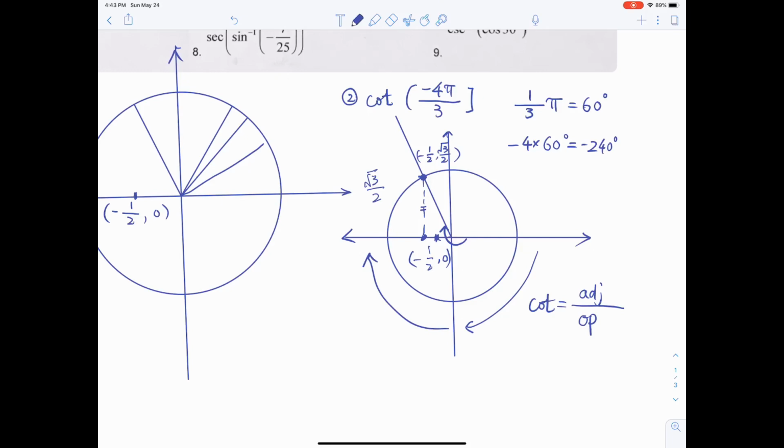The cotangent is adjacent over opposite. Adjacent is the x value, negative half, and opposite is the y value, root 3 over 2.